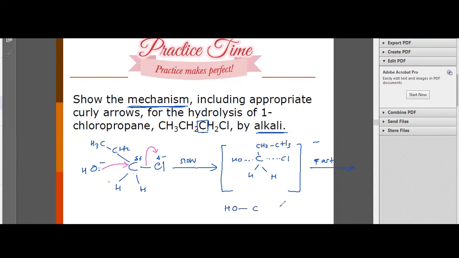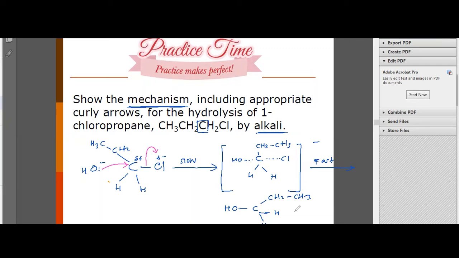This is CH3CH2CH2OH. So this is how the mechanism of SN2 reactions works for a primary halogenoalkane with alkali.